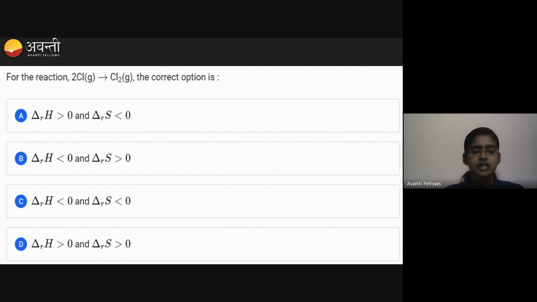So for a reaction 2Cl giving Cl2, the correct option is, okay. Here 2 chlorine atoms are getting converted to a chlorine molecule.